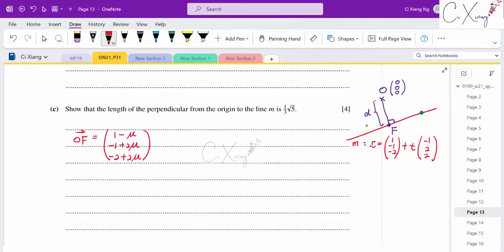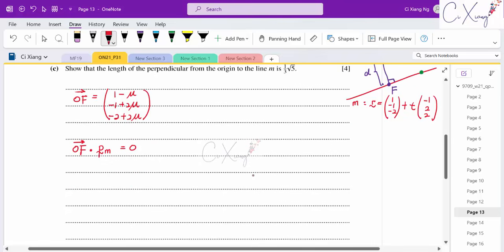Then after that, since I know that the vector OF is perpendicular to the line M, if I take the position vector of F, which is a vector, and multiply it with the direction of the line M, it should be equal to 0. Because this vector and the direction of the line are perpendicular to each other.